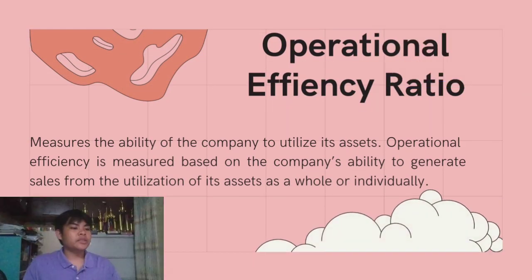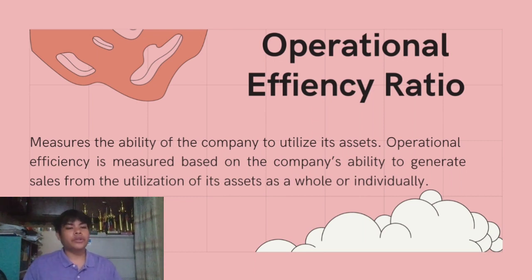Operational efficiency is measured based on the company's ability to generate sales from utilization of its assets as a whole or individually. It is primarily a metric that measures the efficiency of profit earned as a function of operating costs.